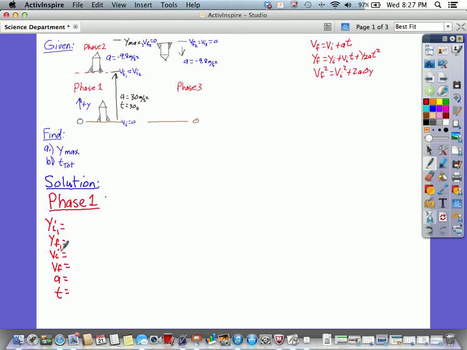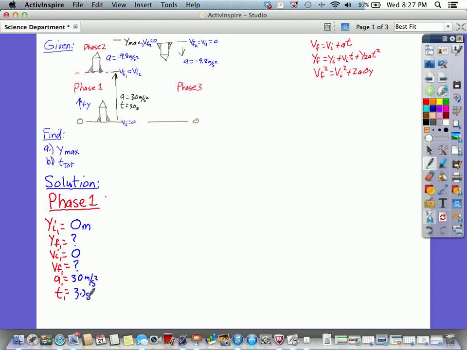These are all during phase 1, so we can fill some of these in. My initial position is 0 meters. My final position I don't know, I'm looking for that. My initial velocity is 0. My final velocity I don't know yet. My acceleration is 30 meters per second squared, and the time is 30 seconds.